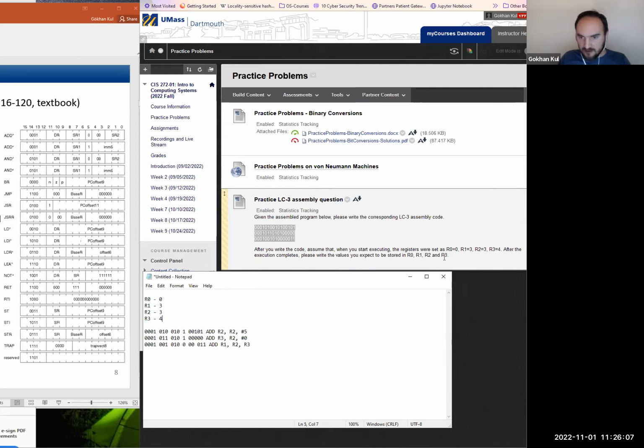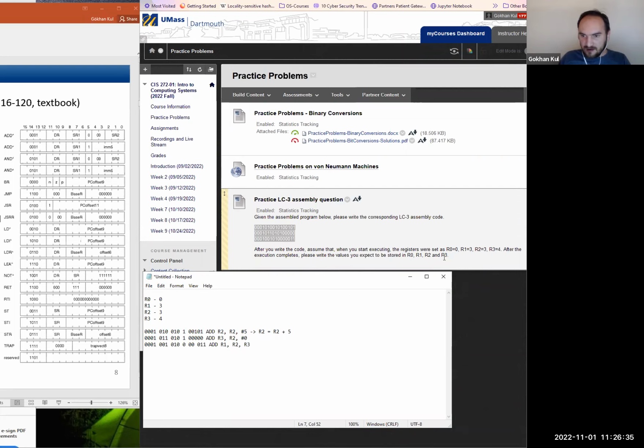So let's see how they are going to change. Every line is going to change only one value, right? So in this line, I'm adding 5 to R2. So R2 equals R2 plus 5.